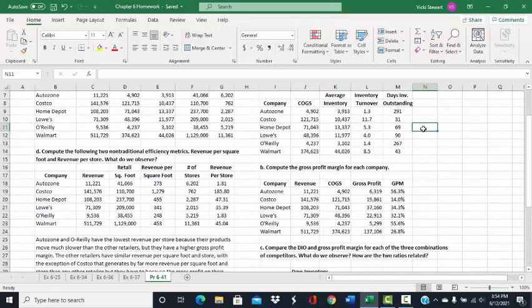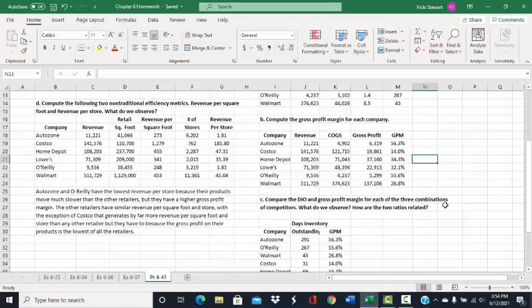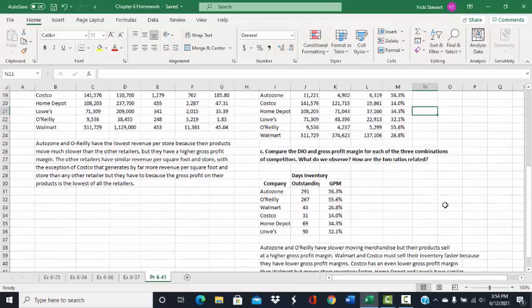So now we have their days inventory outstanding, which is their productivity, and we have their gross profit margin, which is their profitability. And now we're going to compare the companies on those 2 measures. So the C portion asks us to compare the days inventory outstanding and the gross profit margin for each of the 3 combinations of competitors.